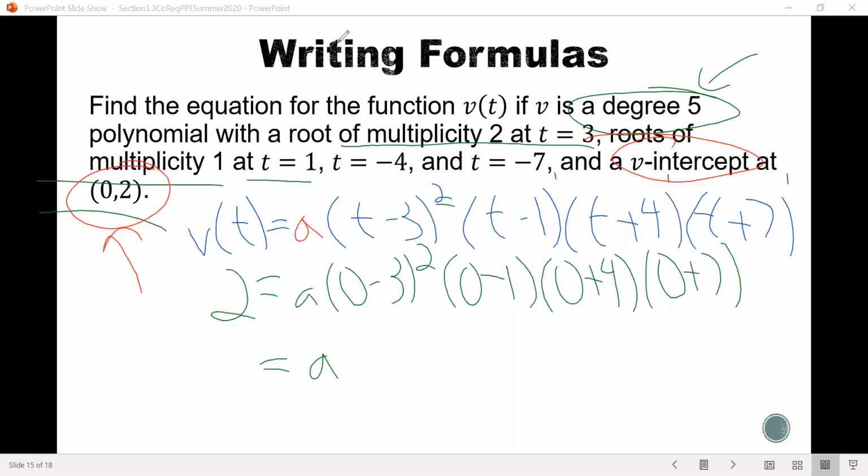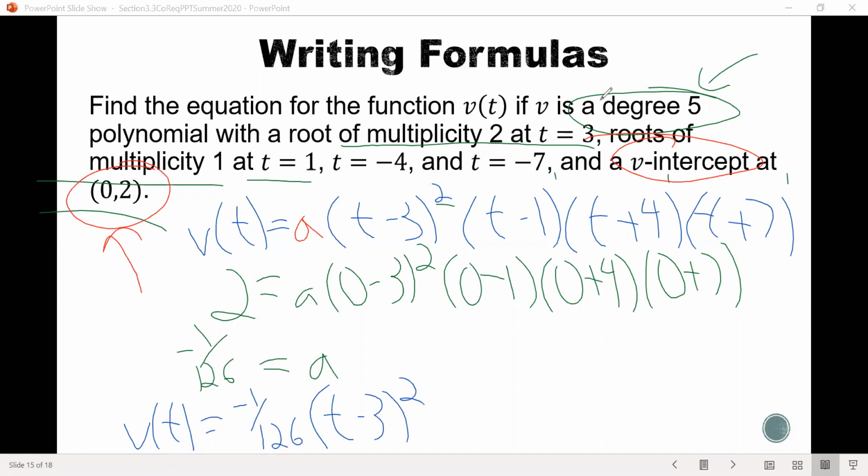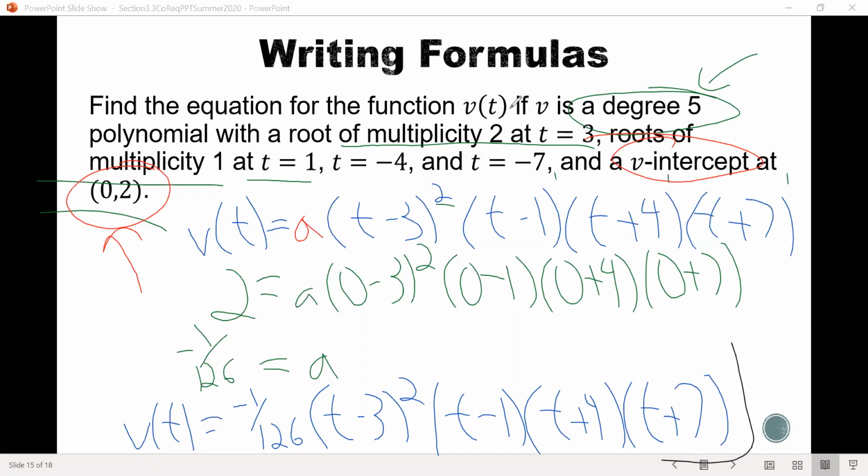It looks like we would get a is negative 1 over 126. So then our equation for v of t is going to be negative 1 over 126 times (t minus 3) squared times (t minus 1) times (t plus 4) times (t plus 7). And there we go.